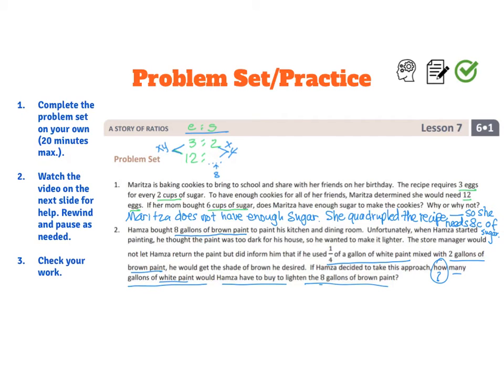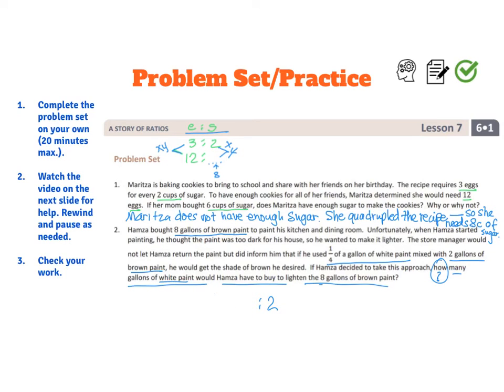Okay, so this is my ratio right here. 1/4 gallon. I know I'm not supposed to put labels in, but 1/4 to 2. In fact, I'll erase that because I really am not supposed to do that.